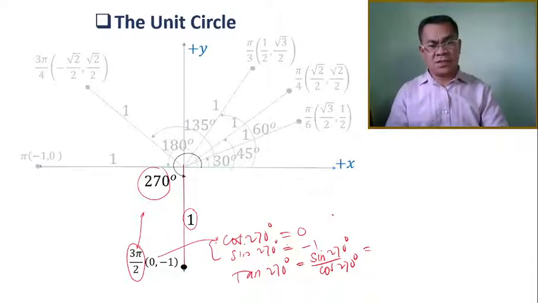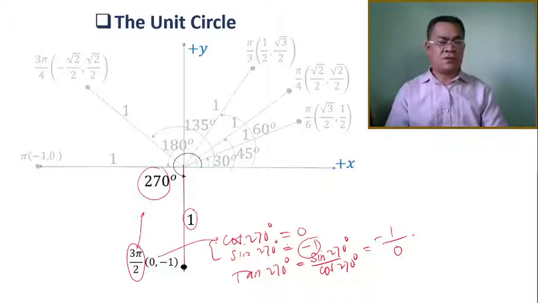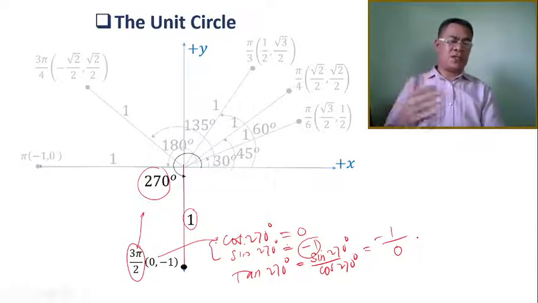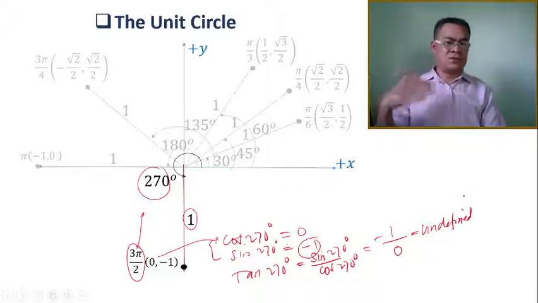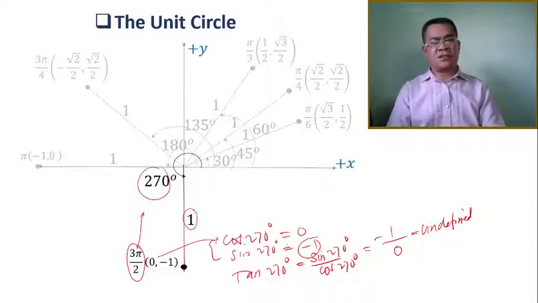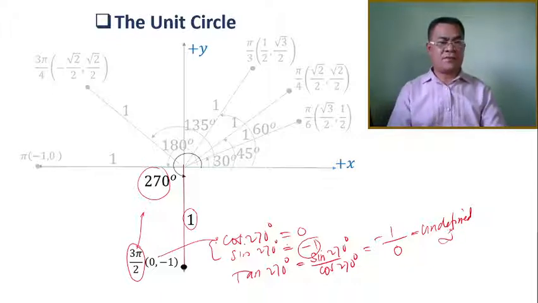The sine of 270 is negative 1 and the cosine of 270 is 0. Remember, we are not allowed to divide by 0. So therefore, this is undefined. There's no tangent on the y-axis.